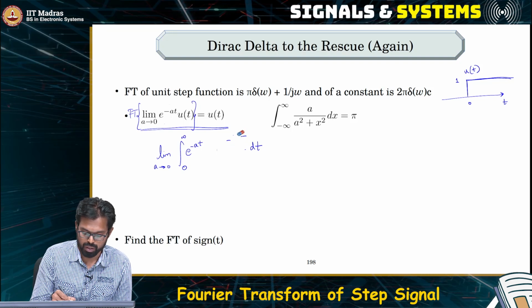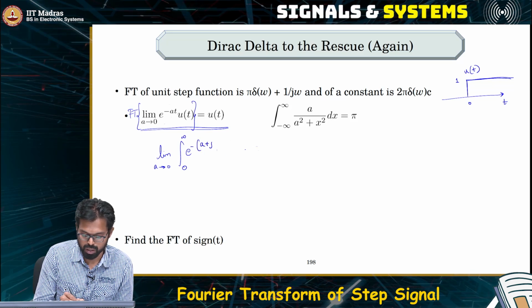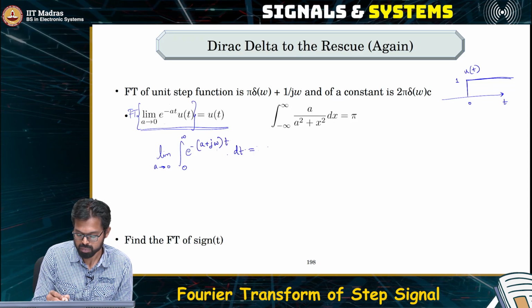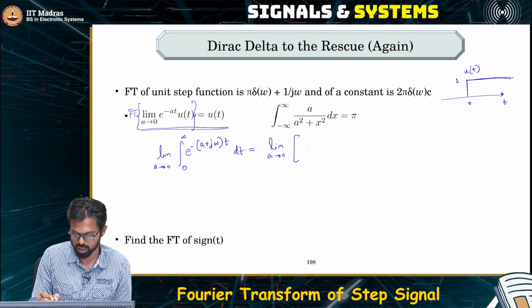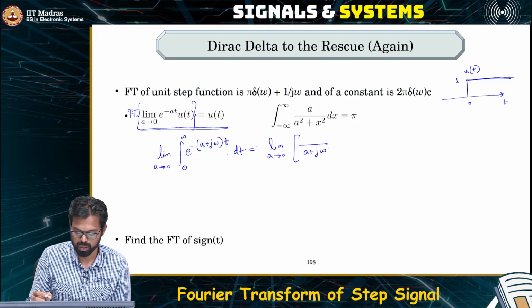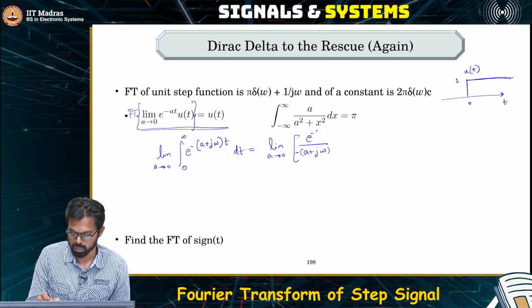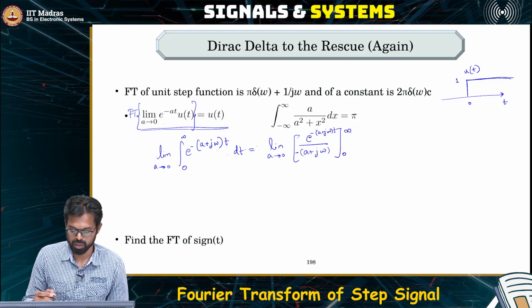So what do we have here? Finally we have e power minus (a plus j omega) t dt. This is limit a tends to 0 of 1 by (a plus j omega) times the whole of minus e power minus (a plus j omega) t from 0 to infinity.